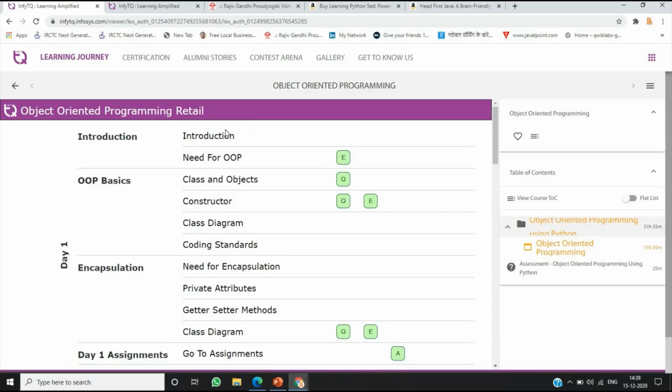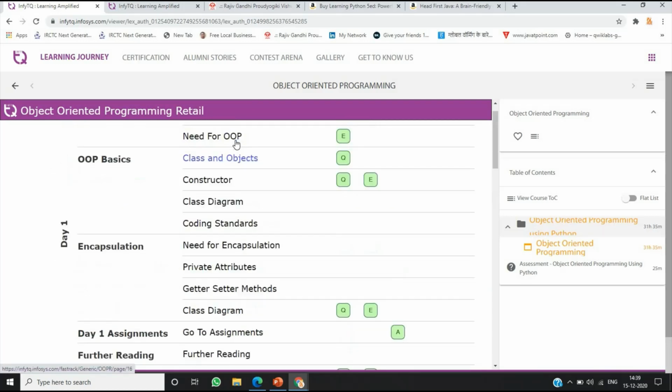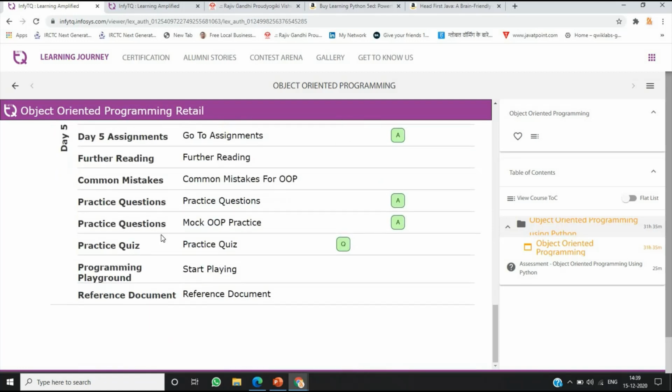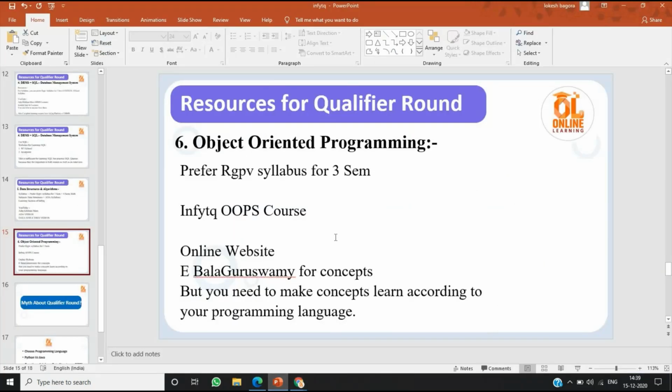And for the other batches, if you pass out in 2023 or 2024, you can start practicing from today, because this syllabus is very important. You can complete all the class diagram tips, the assignment questions, and the mock object-oriented programming practice quizzes.